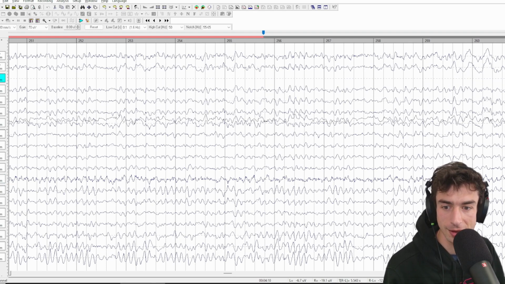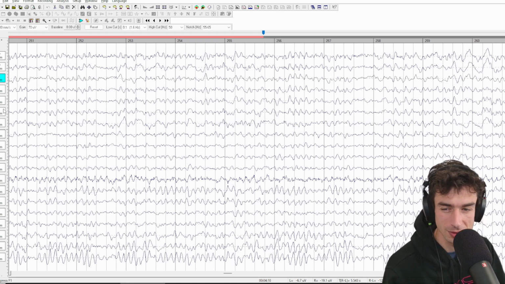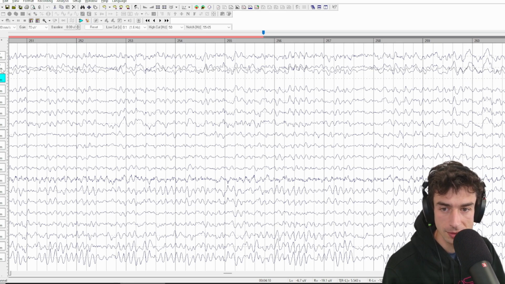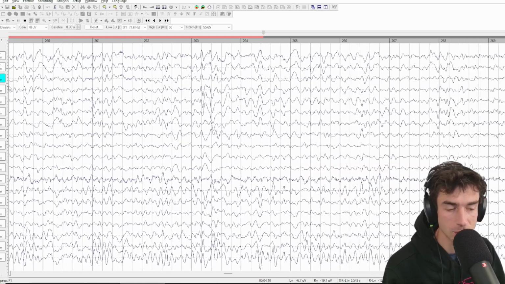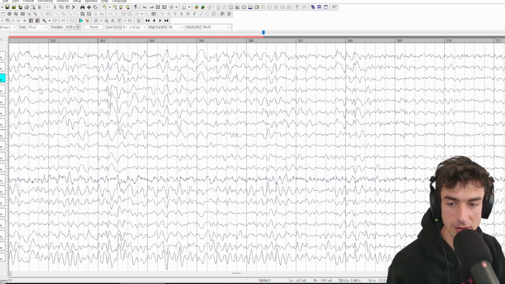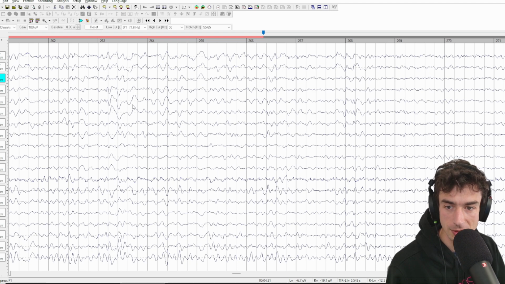Now, if we drag F7 down, we can try to look at phase and field to see if this is coming from lateral eye movement, and it looks like it's not. Right, if it was just purely lateral eye movement, they'd be doing the same thing, except completely phase inverted at the homologous site. And again, we're seeing this frontal slowing at around 5 hertz. 1, 2, 3, 4, 5.